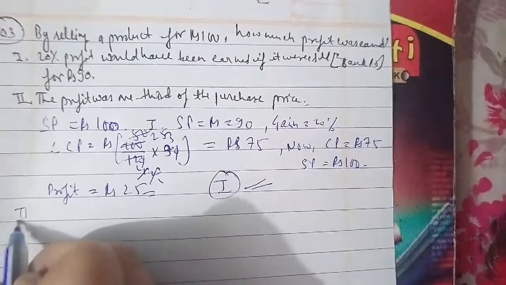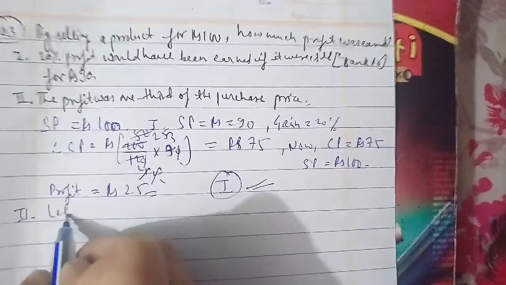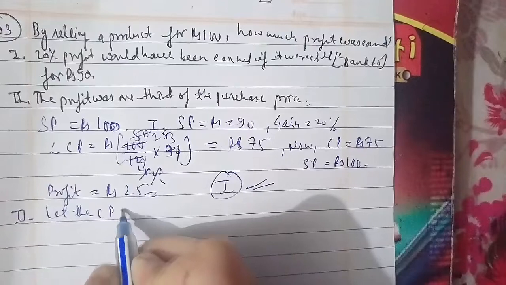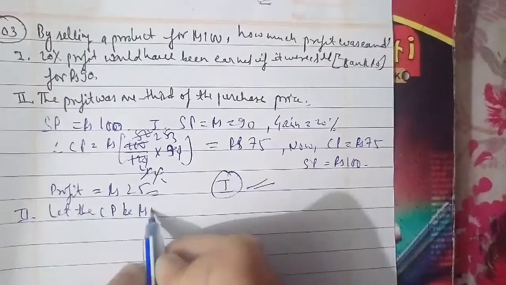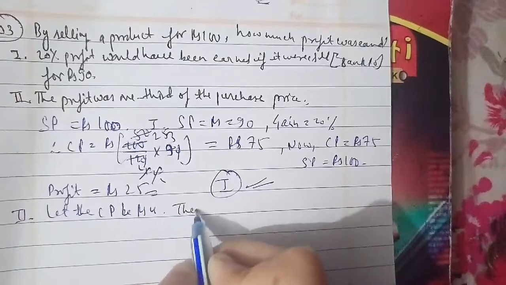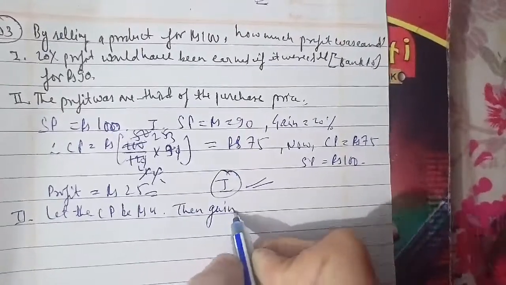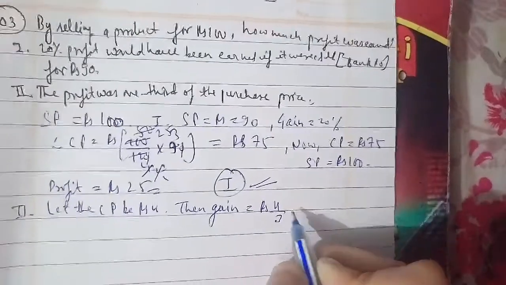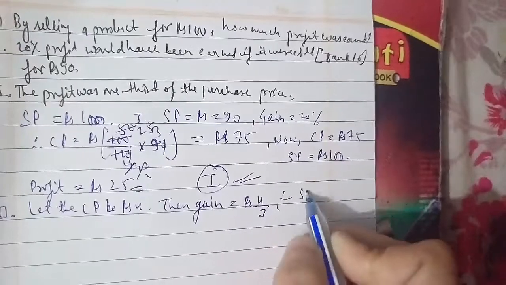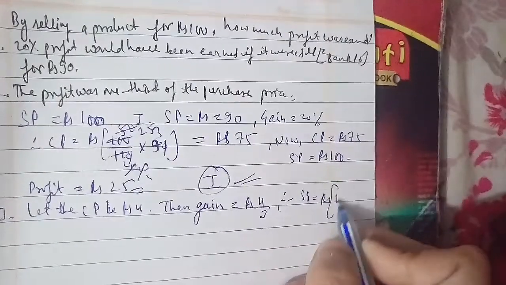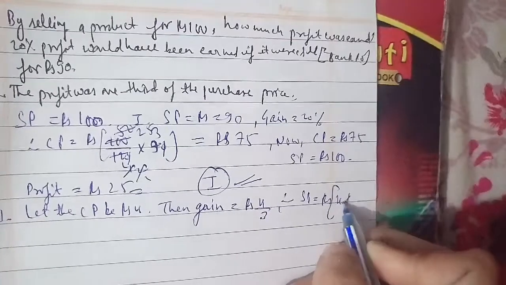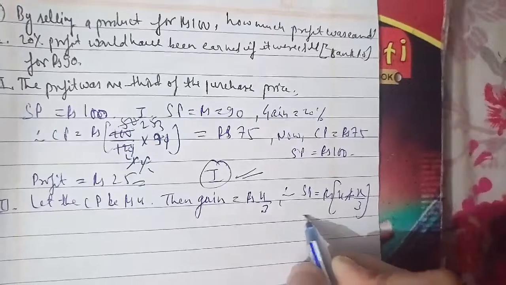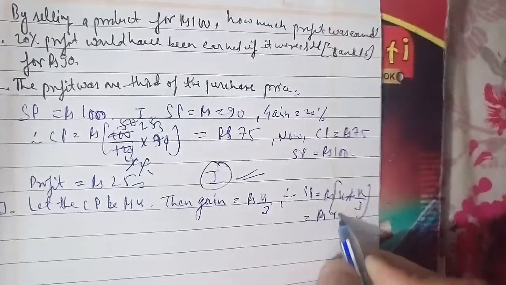This is according to the second statement. Let the cost price be rupees x, then gain is equal to rupees x by 3, and selling price is equal to rupees x plus x by 3, which is equal to rupees 4x by 3.